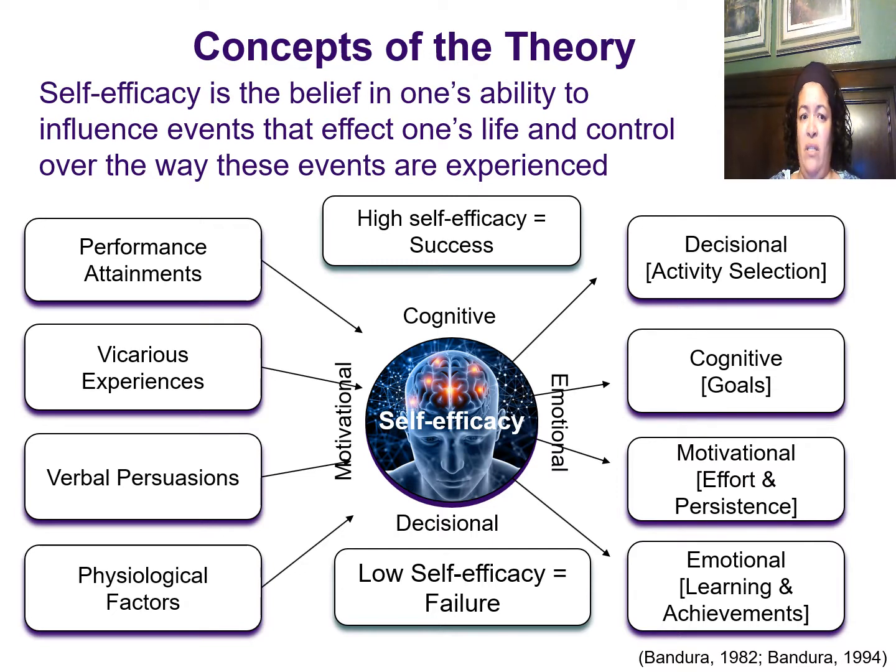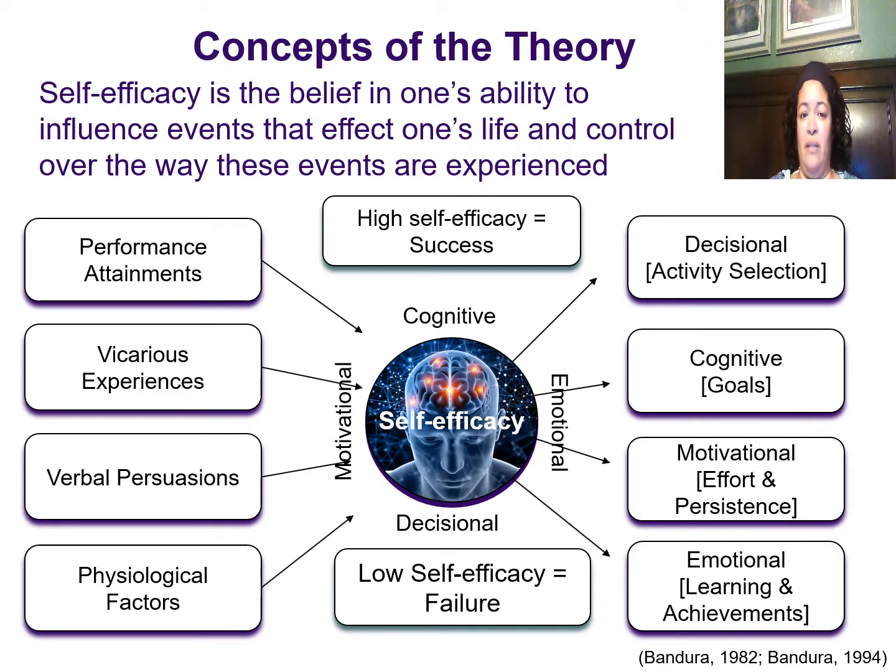Self-efficacy influenced four functioning processes, which are listed on the right. It influenced the activity selection, how difficult or easy the tasks you chose; the goals that you set for yourself, whether you were an optimist or a pessimist would determine the type of goals that you set; and the motivation, the effort and persistence that you put into succeeding; and the learning and achievements, the emotional intelligence that you actually gained.